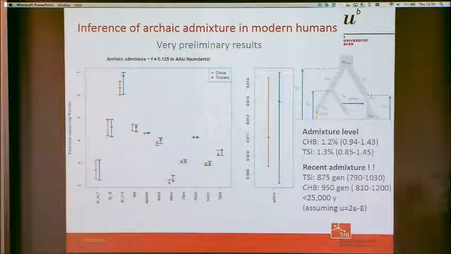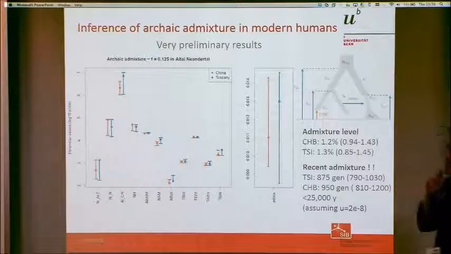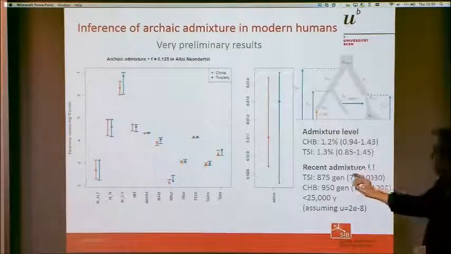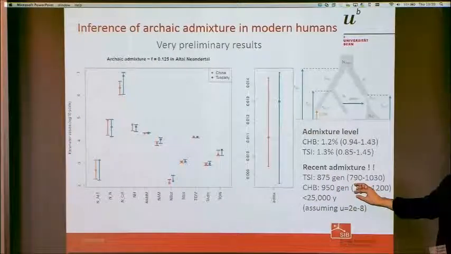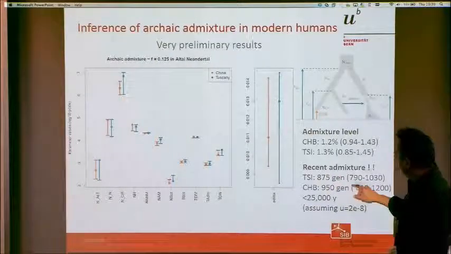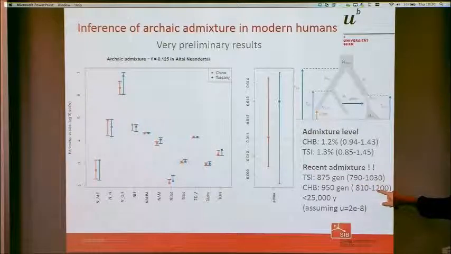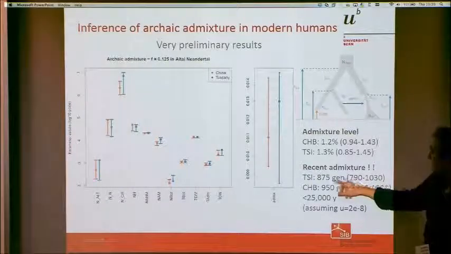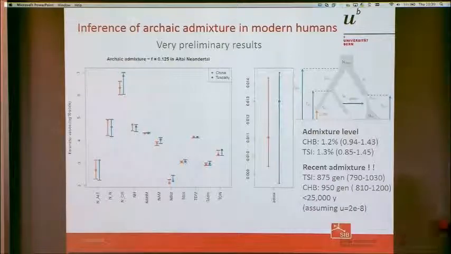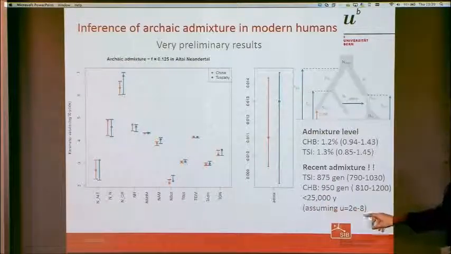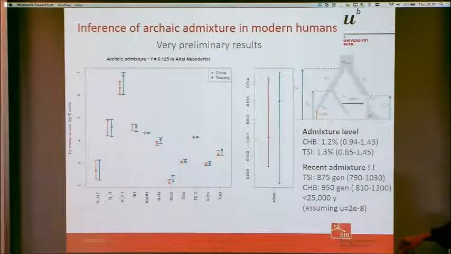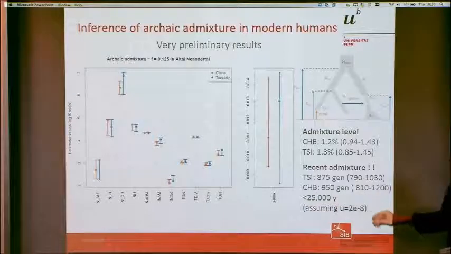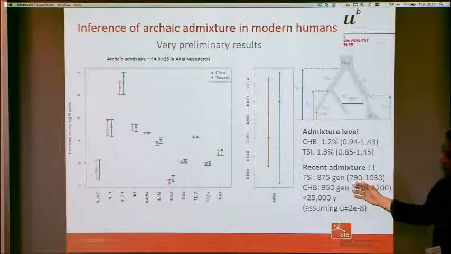And another interesting thing, maybe against what we would have thought, is the time of this admixture. We find an extremely recent admixture time, and with a relatively small confidence interval as well, less than 1,000 generations. So depending on your favorite estimate of the mutation rate, if you take an assumed mutation rate of 2 times 10 to the minus 8, this points to an estimate of less than 25,000 years.